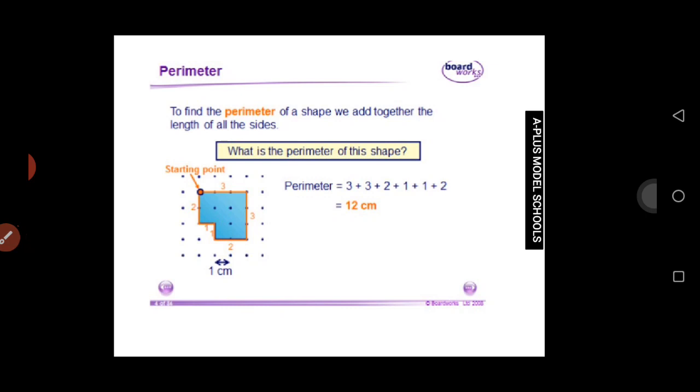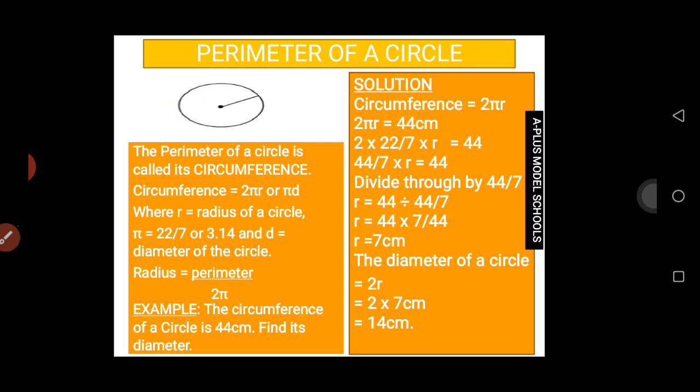Now, let's move to perimeter of a circle. You should know by now that a circle is a plane shape. But when you look at a circle, it has neither a length nor a breadth. So when we are talking about a circle, the formula for finding the perimeter of a circle is 2 pi r, or you use pi d.